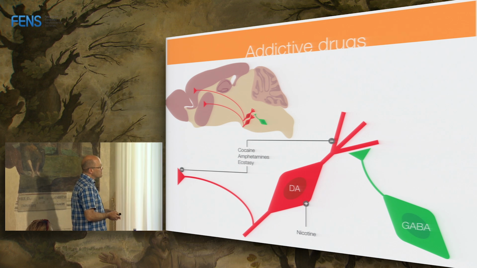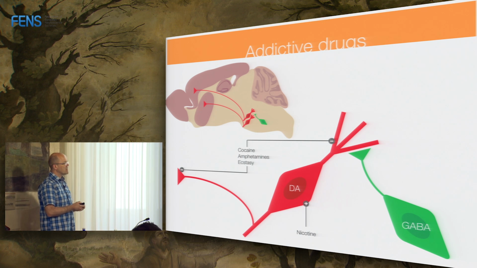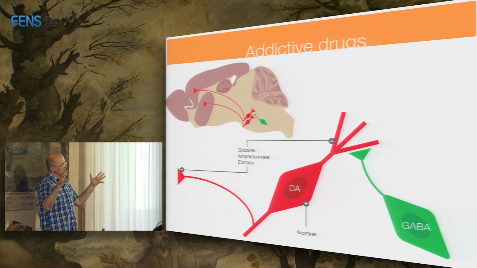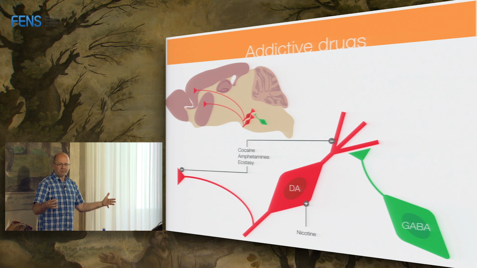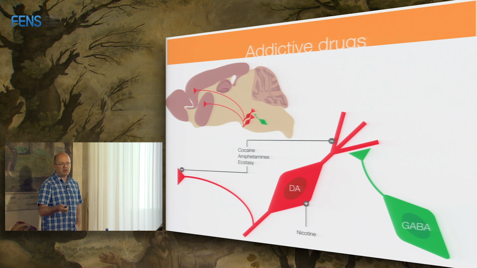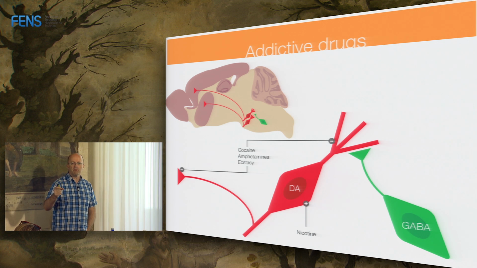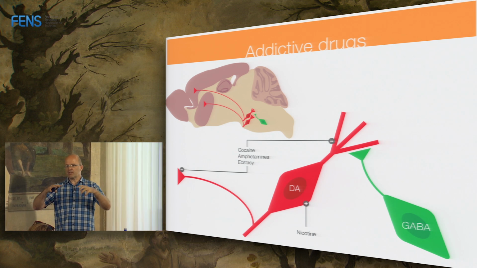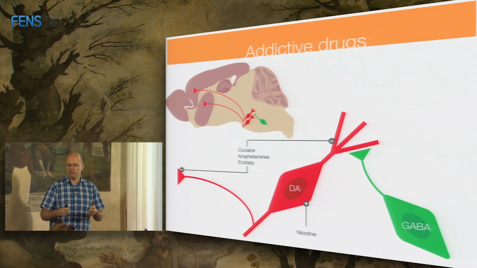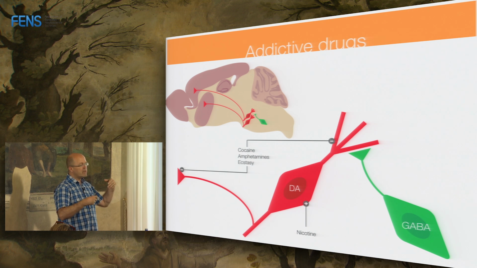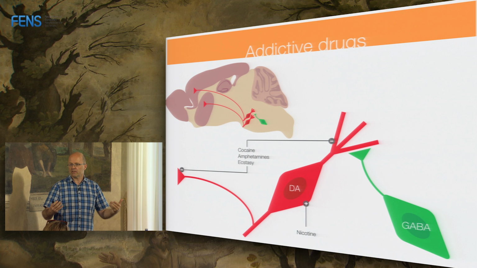We also have another group of addictive substances, sometimes called the psychostimulants, and their primary target is the dopamine transporter. The idea here is that dopamine is an expensive molecule for the brain to produce, which is why there is a very efficient recycling system in place.